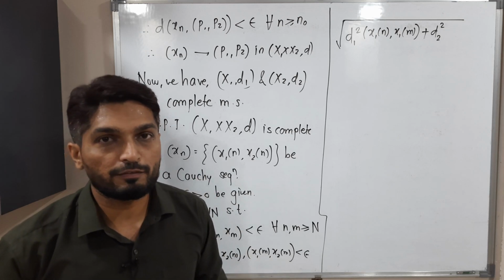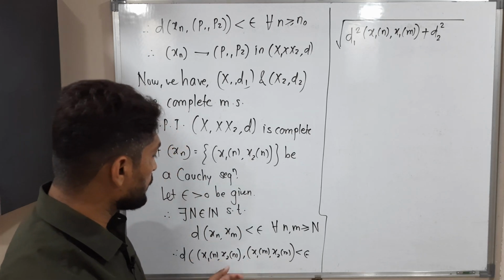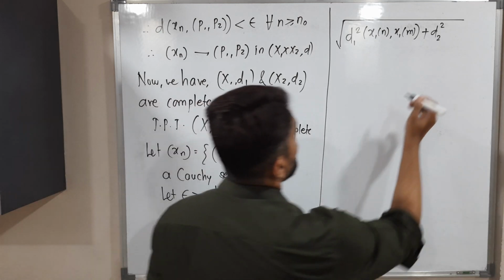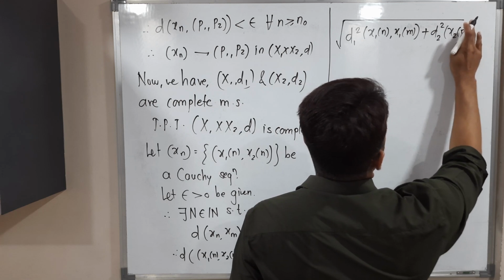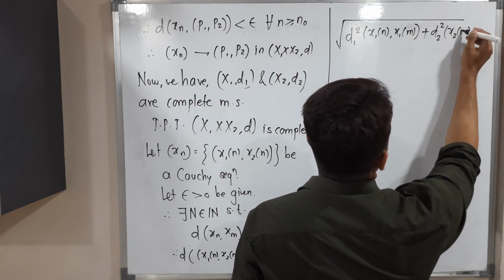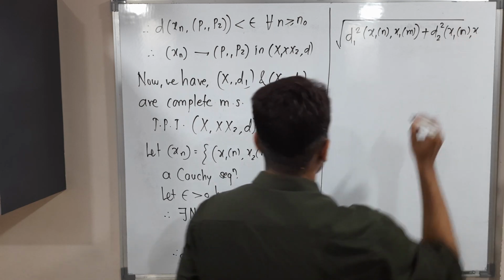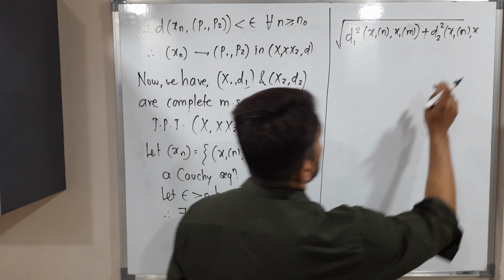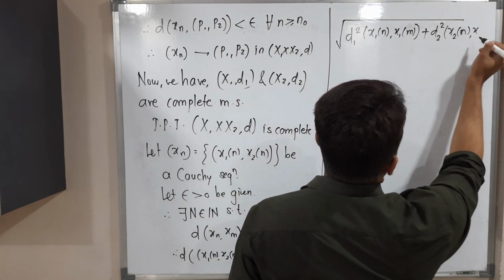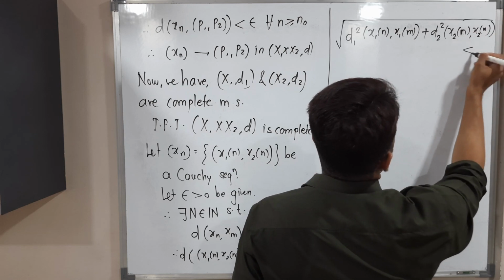There we have mentioned the definition of D. I am following the same. D2 is operating on the second components, x2n and x2m, right, less than epsilon.